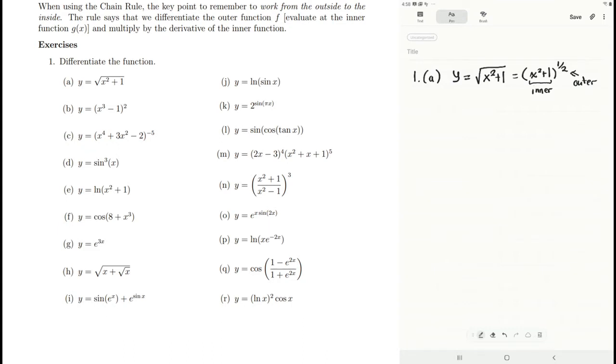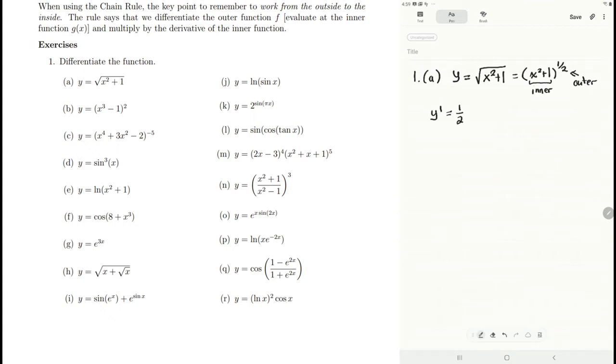So when we want to differentiate this function, we will look at finding the derivative of the outer function. So we have something to the power of 1/2. And we use the power rule to differentiate the outer function. And so using the chain rule, we have the power rule, which says to multiply the exponent in front.